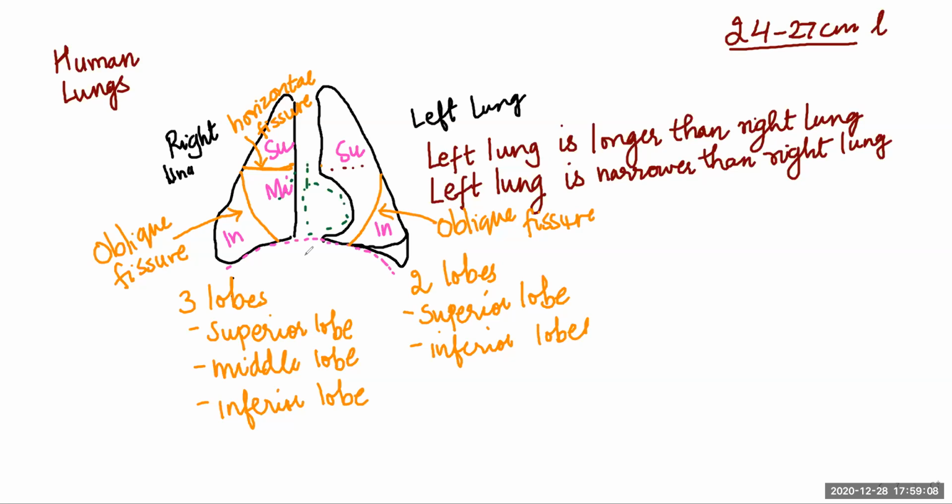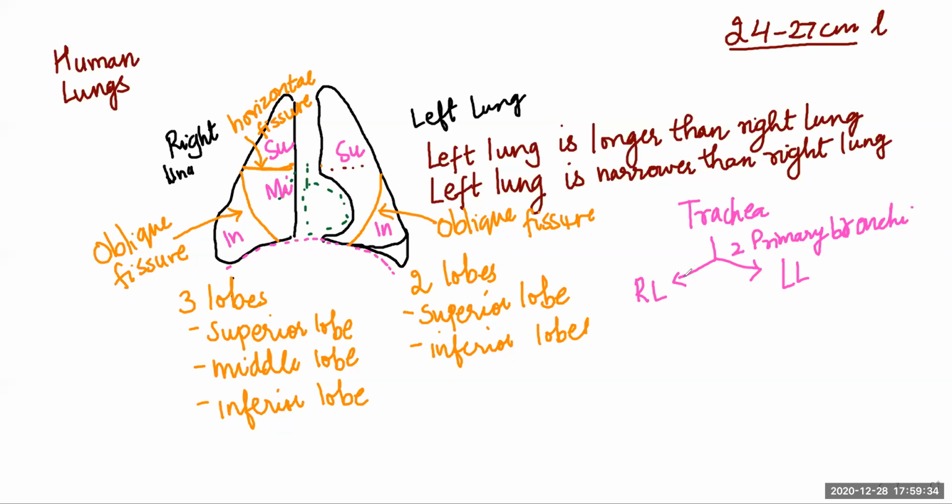So all in all, there are five lobes in the lungs. So understand this. The trachea will divide into two primary bronchi. You know why? One goes to the right lung and one goes to the left lung. The primary bronchi will divide into branches.